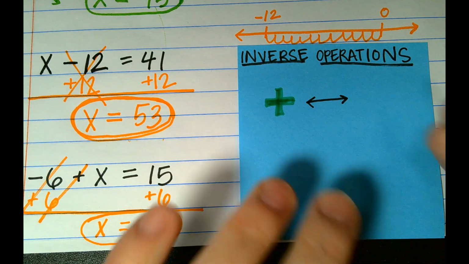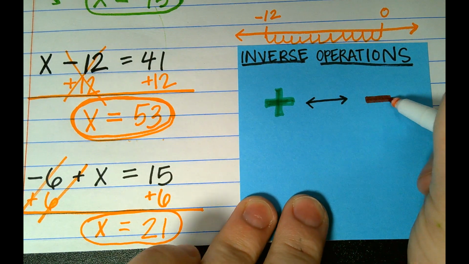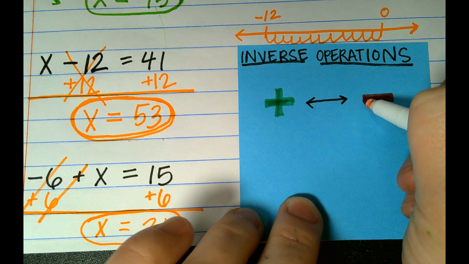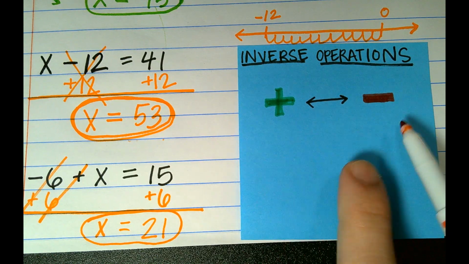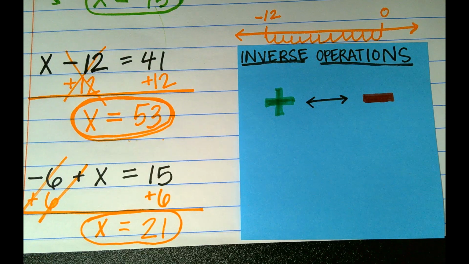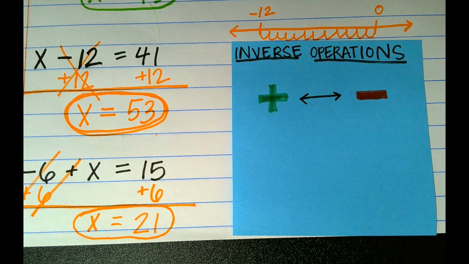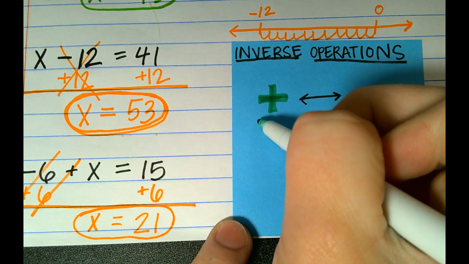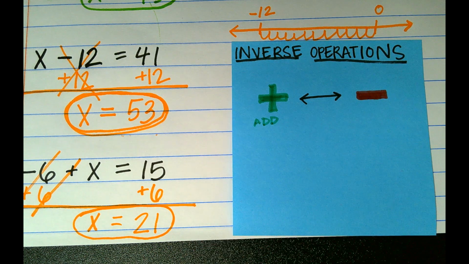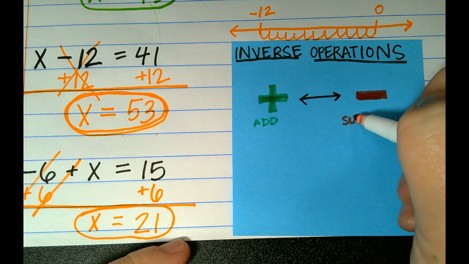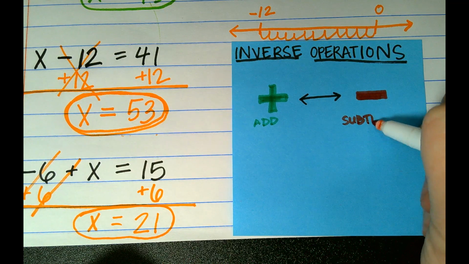The opposite of that is minus. Inversely, the opposite of minus is plus. These are opposites of each other. And you don't have to write the words, but I'm going to write subtract.